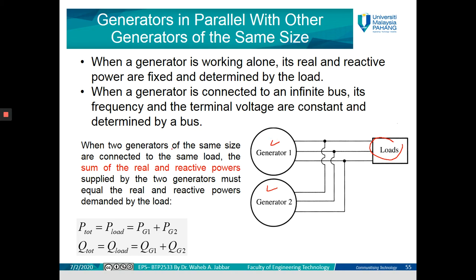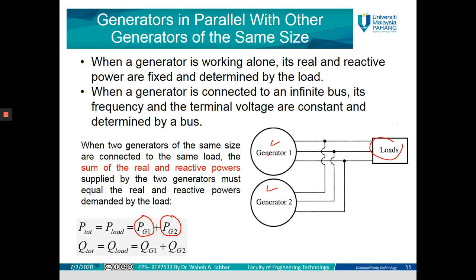Okay, so if the total power, for example, is 10 megawatts, they will share it by a ratio depending on their rated power, or also based on their frequency. If the two generators are the same, that means they have the same rated power, the same frequency, and they can share the load 50-50.